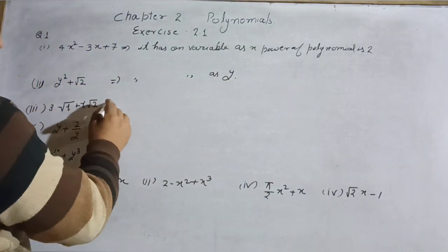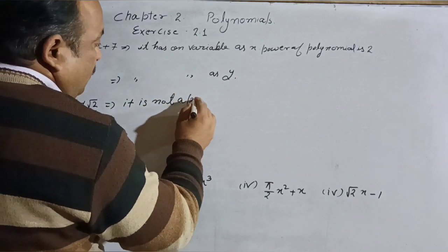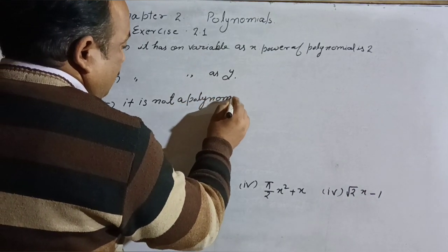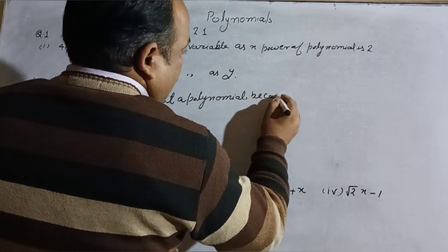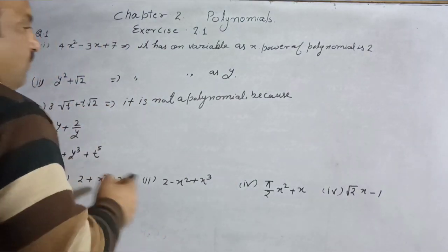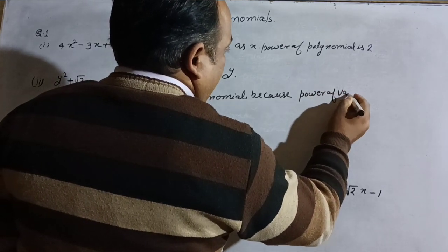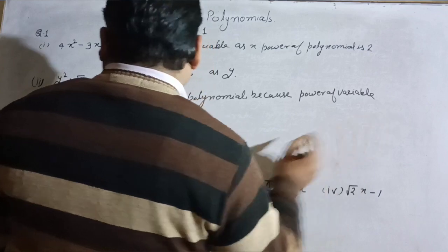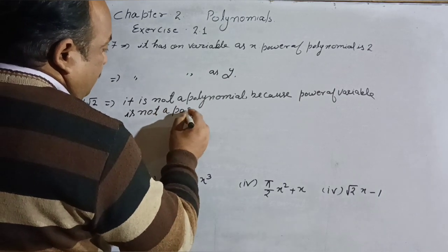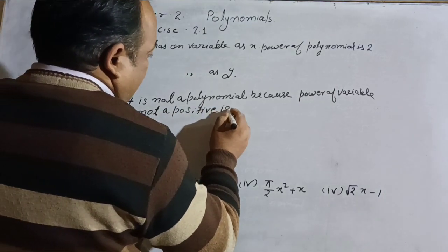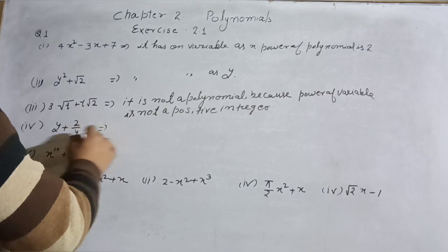Here it is not a polynomial because the power of the variable is not a positive integer.